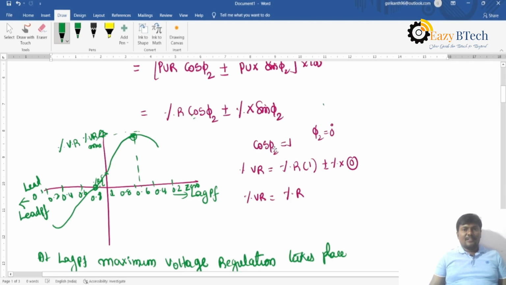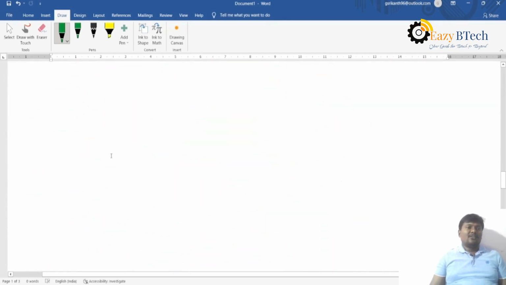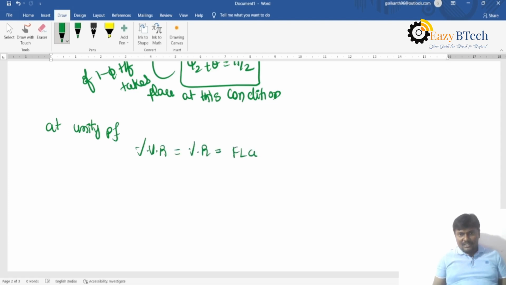And at unity power factor, percentage voltage regulation is equal to percentage R, that should be equal to percentage full load copper loss.